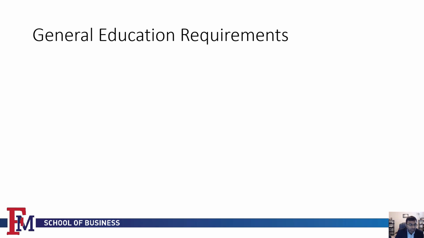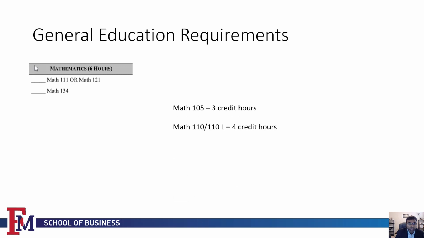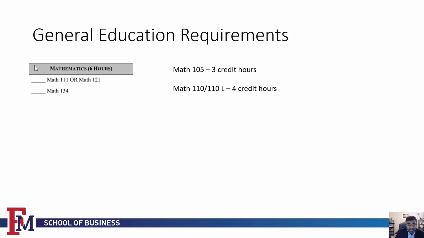As far as your math requirement, it depends upon your SAT and ACT scores. The math department at Marion will decide where you will be placed depending upon how well you did in your SAT or ACT. If your scores show that you need help in succeeding in math, you will start in Math 105, which is a 3-credit-hour course, or Math 110 and 110 Lab, which is a 4-credit-hour course, before you can take Math 111.